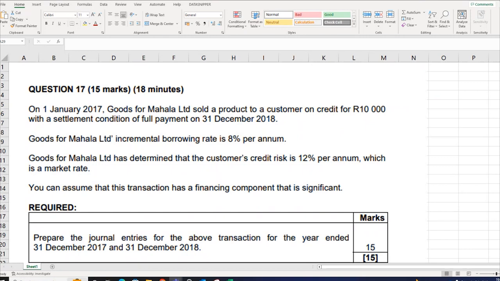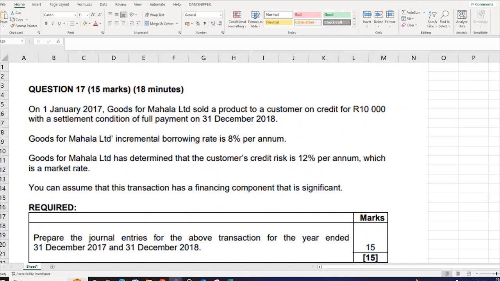So you recognize revenue based on what you have done as a service provider. They've broken it down into 5 different steps.